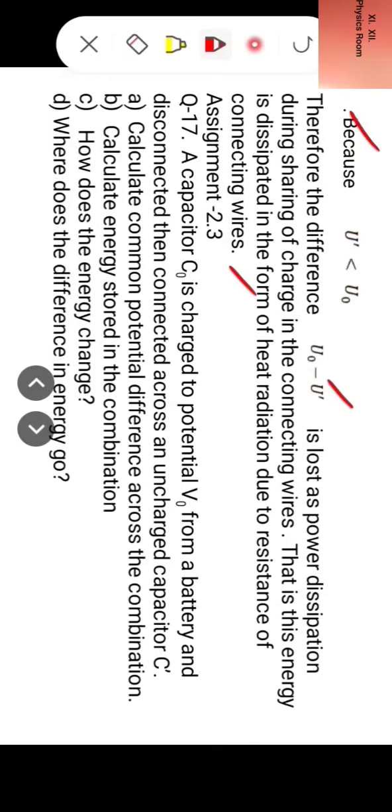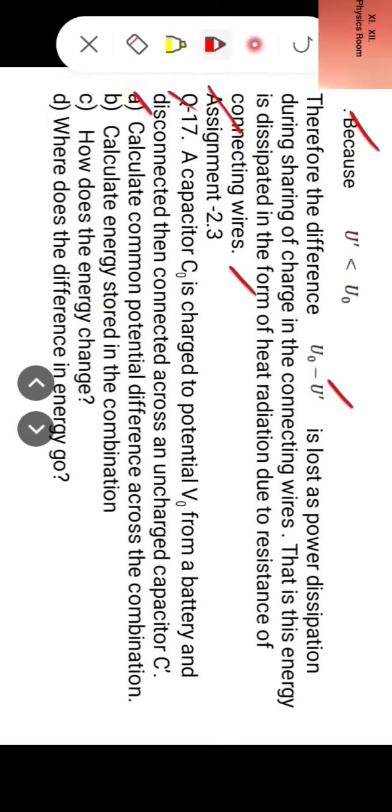Assignment 2.3, question number 17. A capacitor C0 is charged to potential V0 from a battery and disconnected. Then connected across an uncharged capacitor C dash. A. Calculate common potential difference across the combination.